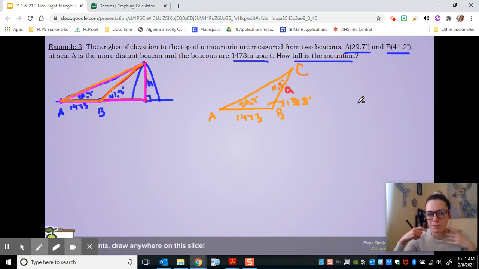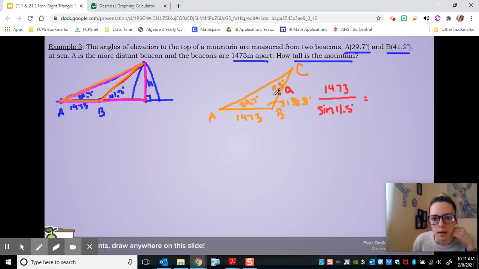So let's write in our equation. I'm going to skip writing the formula piece and just go right into subbing in what I have. So looking at my C information, just because that's the one piece of the puzzle that I have fully, I have side C of 1473 divided by sine of angle C, which is 11.5, equaling my A information.